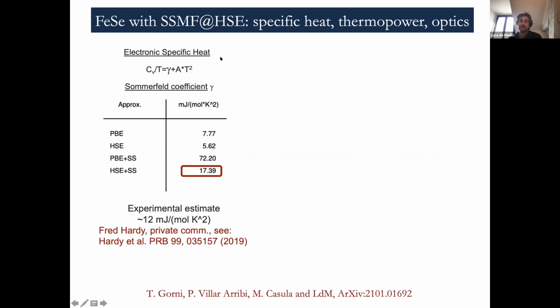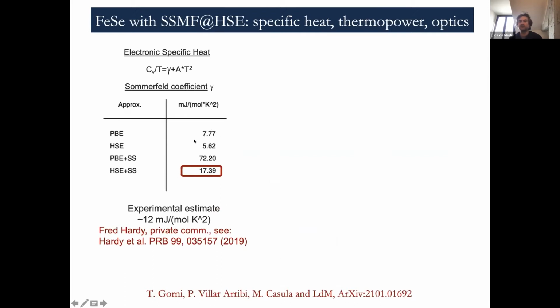One thing that can be compared with experiments is the specific heat Sommerfeld coefficient, the slope of the linear part of the specific heat in temperature. This is too small in DFT alone compared to estimates from experiments, which are around 12 millijoule per mole Kelvin squared.